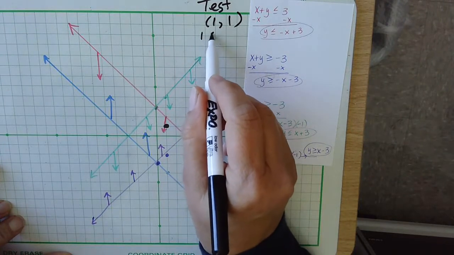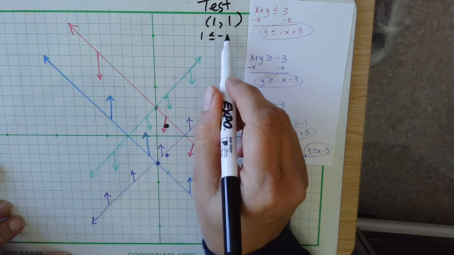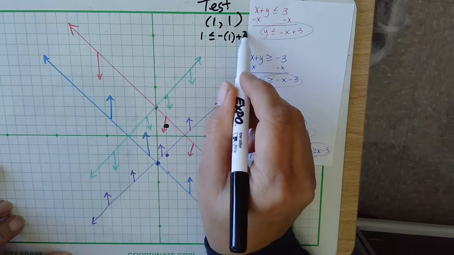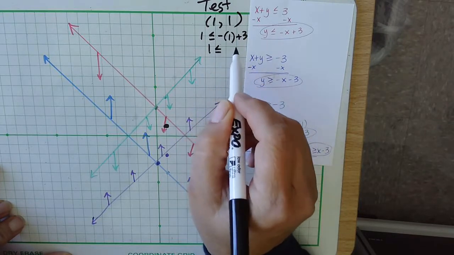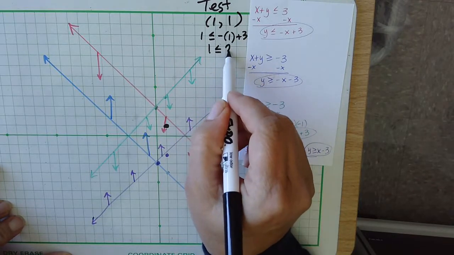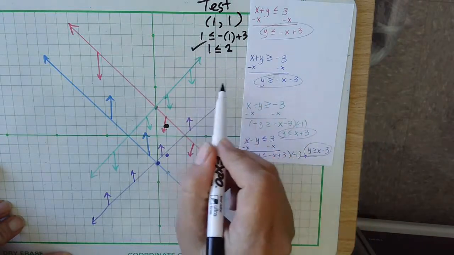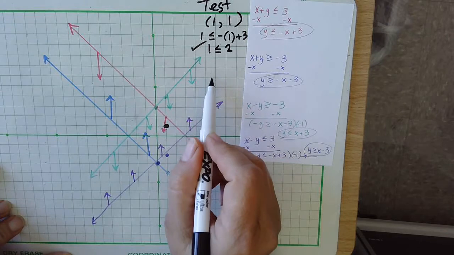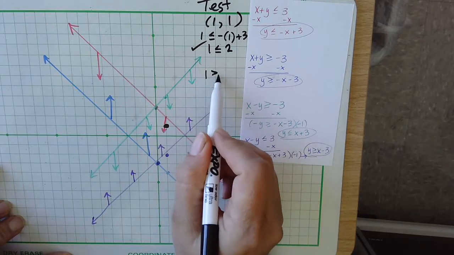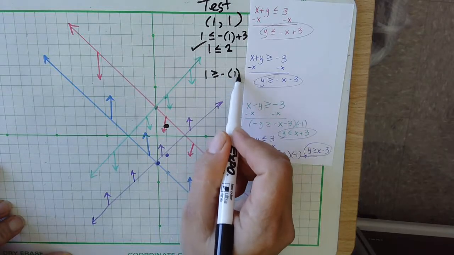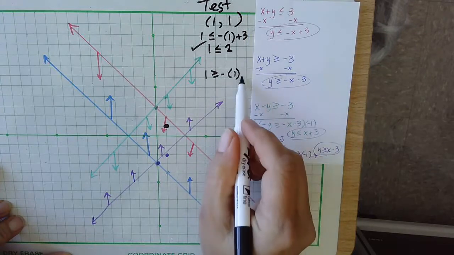Is 1 less than or equal to negative 1 plus 3? Works for the first one. Here's my second inequality. Is 1 greater than or equal to negative 1 minus 3?